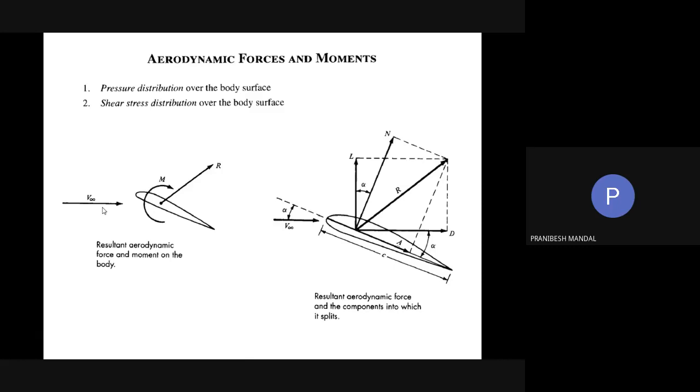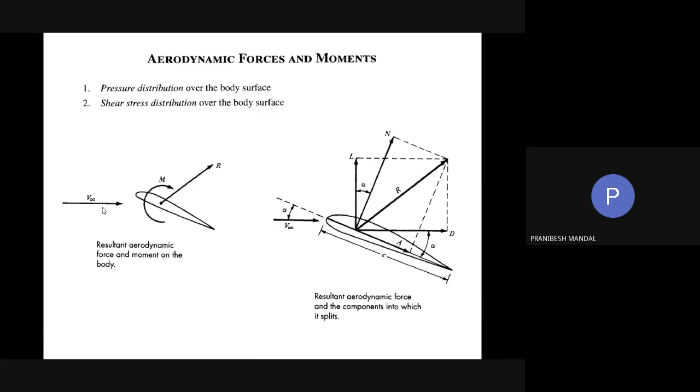But the body is moving along the horizontal line, along the line of V infinity, obviously. So it is better to resolve the force parallel and perpendicular to the velocity line, and those are given as L and D, the lift and drag. The terms are very much understandable from their names only.